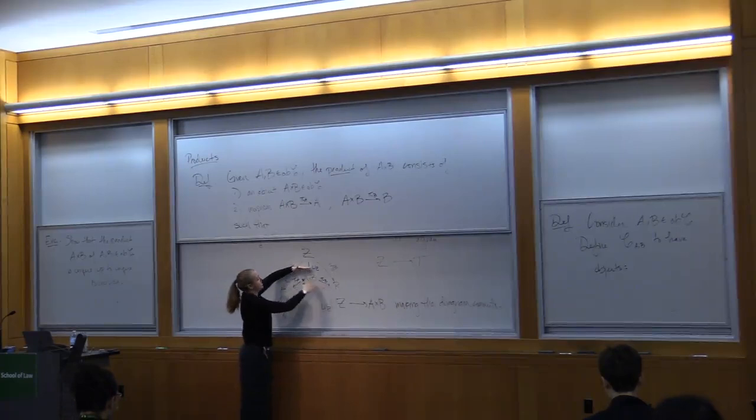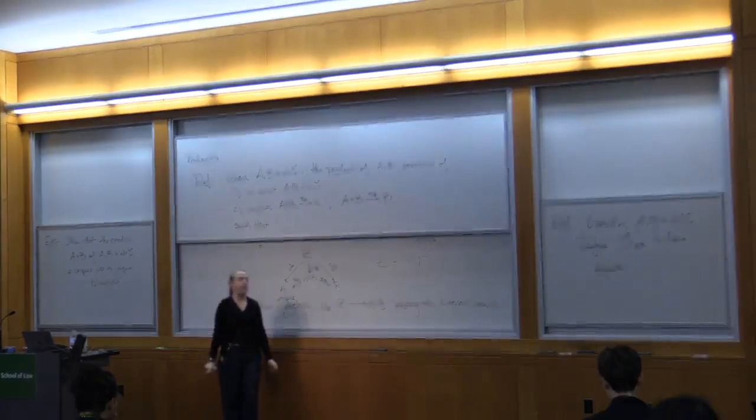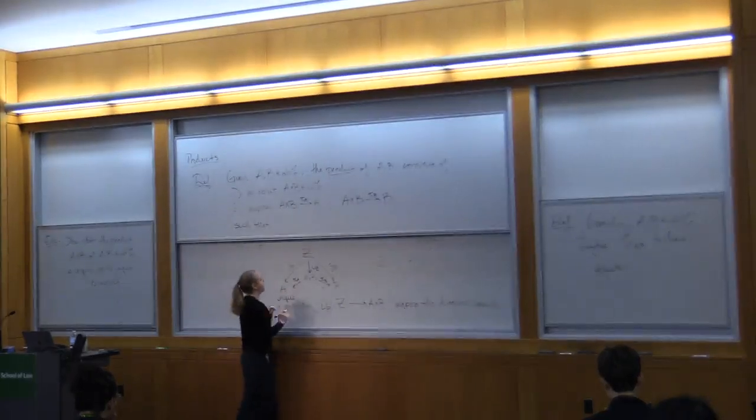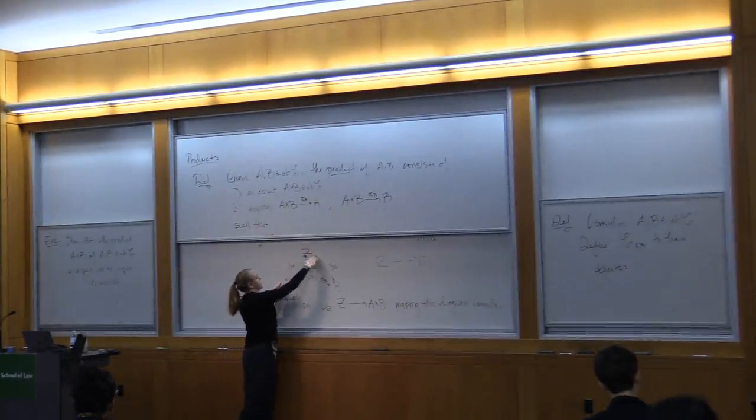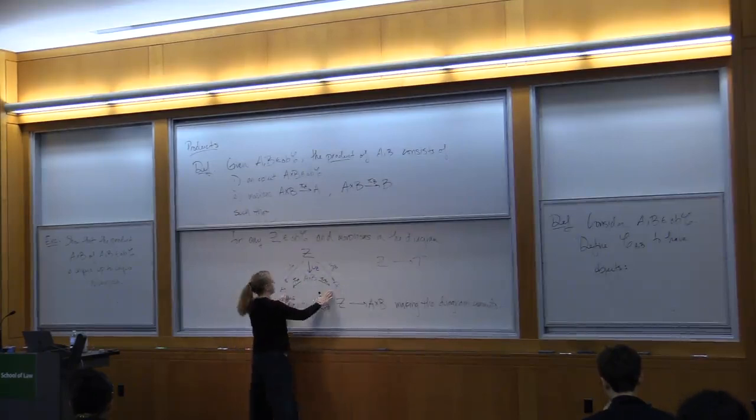A span is something with one object at the top and two arrows coming out to two objects here. Okay, this thing that we plug into this property to get out the U is also a span. Right? And in particular, it's a span that points to A and B.